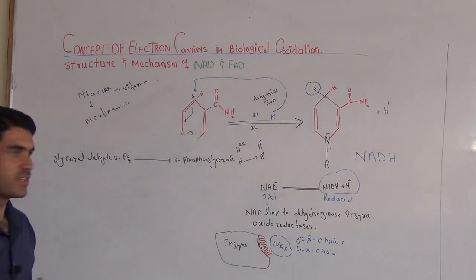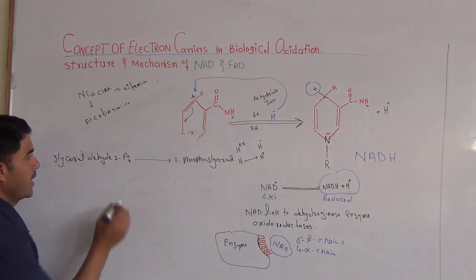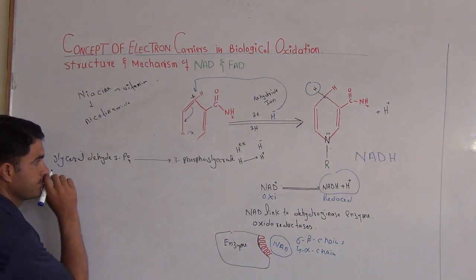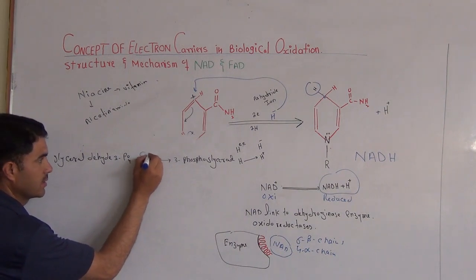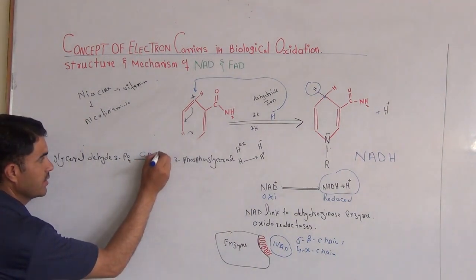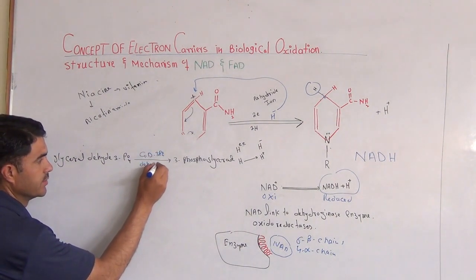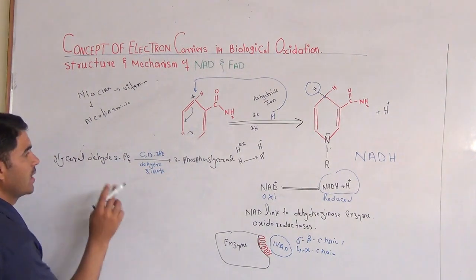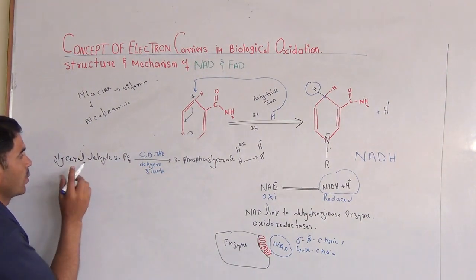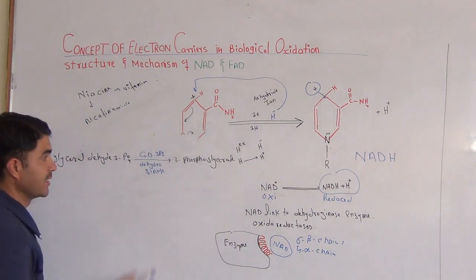You are not concerned with the structure of these. We are concerned with the concept. There is an enzyme called glyceraldehyde 3-phosphate dehydrogenase. Okay, this is the enzyme. This enzyme will convert glyceraldehyde 3-phosphate into 3-phosphoglycerate.